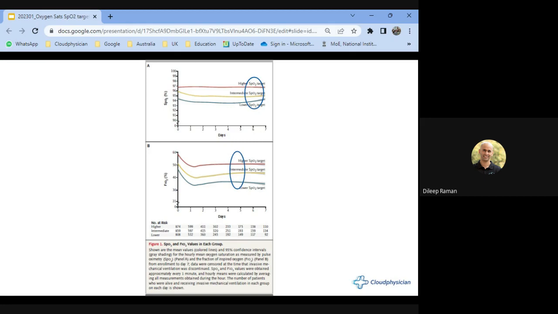But this is extremely important. In the lower SpO2 target, was it really lower SpO2 that was tested? I'm not so sure if you look at this graph. So I would pay attention to this before jumping to conclusions and saying 90 and 88 is safe. If you look at it, they never really tested that lower target.